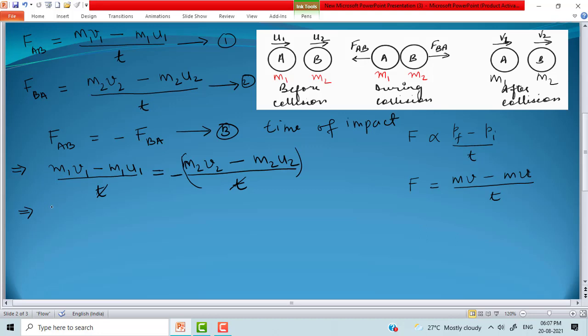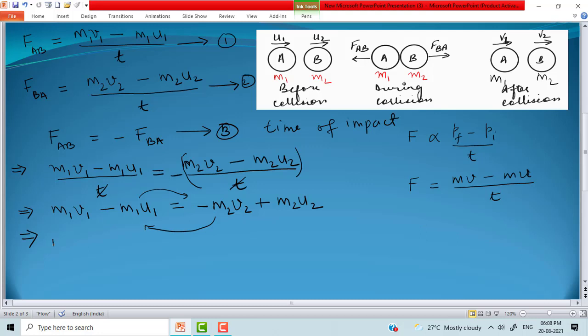So we have m1 v1 minus m1 u1. Breaking the bracket, minus into plus is minus m2 v2, and minus into minus is plus m2 u2. Changing the positions of the negative signs, m1 u1 goes to the other side and becomes plus, and m2 v2 comes to this side and becomes positive.